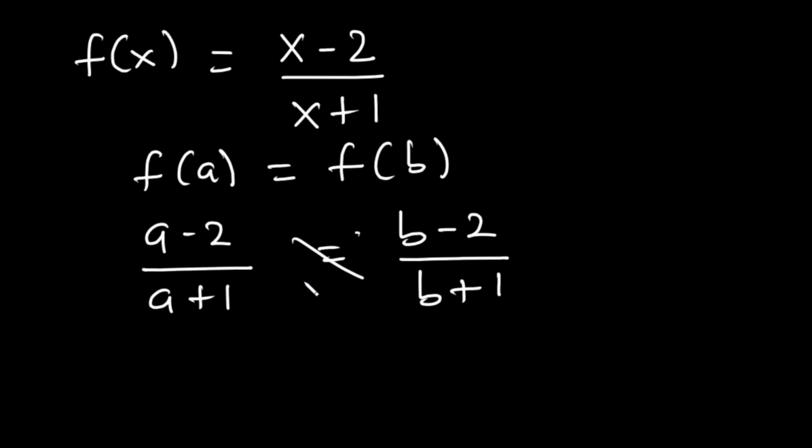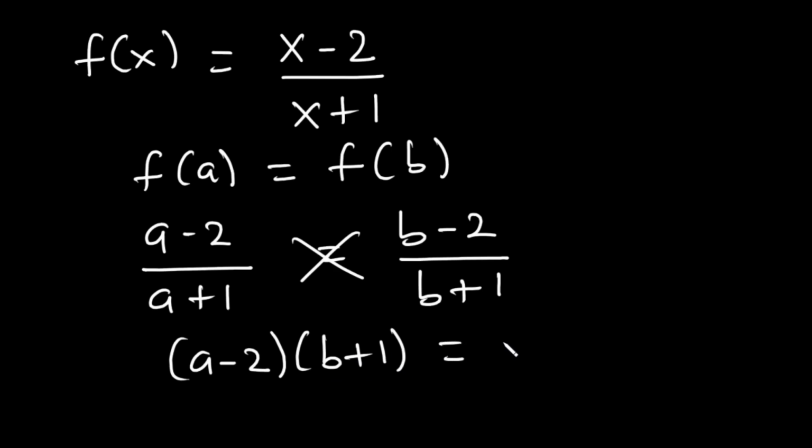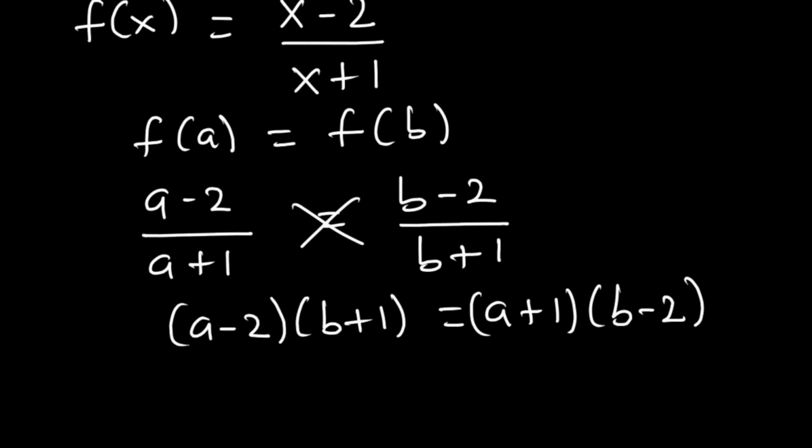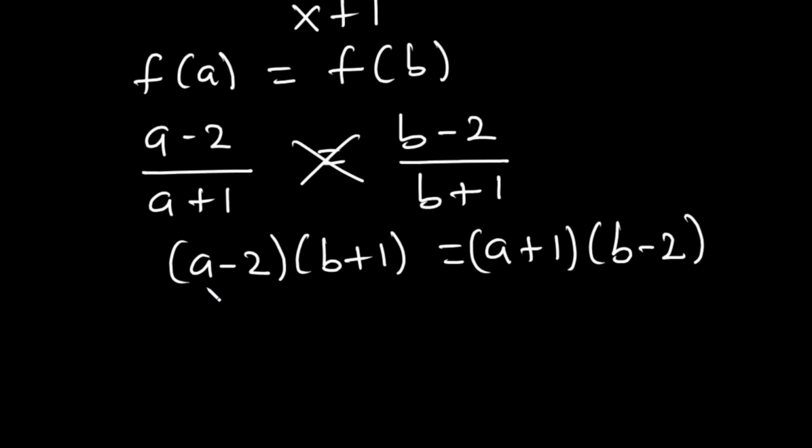Now let's cross multiply. So we are going to have a minus 2 times b plus 1, which is equal to a plus 1 times b minus 2. Now a times b is ab, and then negative 2 times b is negative 2b.